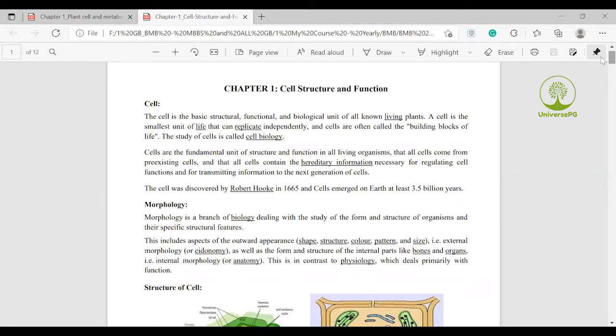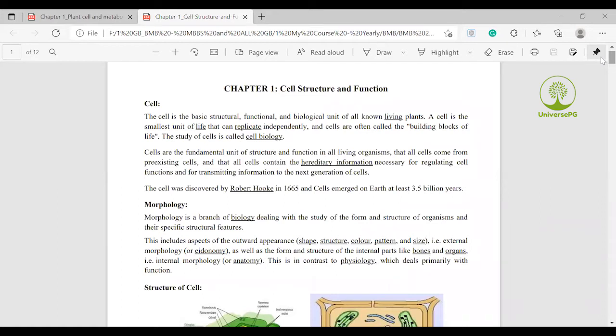In the structure of cell, we know the cell was first discovered by Robert Hooke in 1665, and cells emerged on the earth.